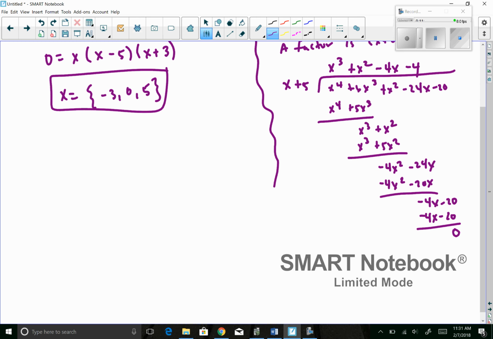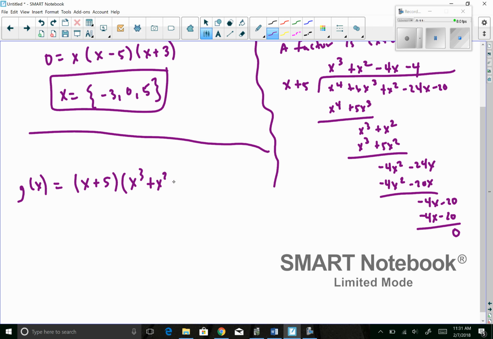Good. So what that tells me is that g of x is the two factors x plus 5 and x cubed plus x squared minus 4x minus 4.